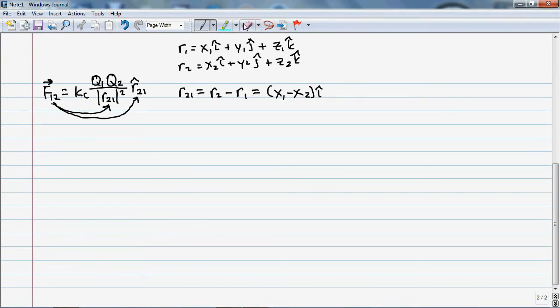Actually, it's probably better if I do it this way. Instead of saying 2 minus 1, let's say 1 minus 2. That makes better sense there. So it's the tip minus the tail.